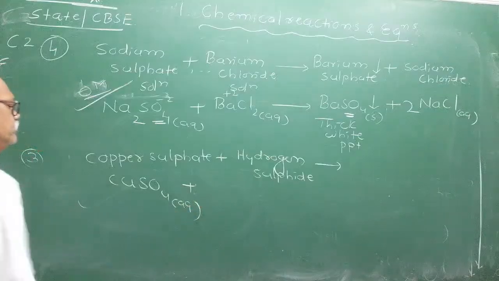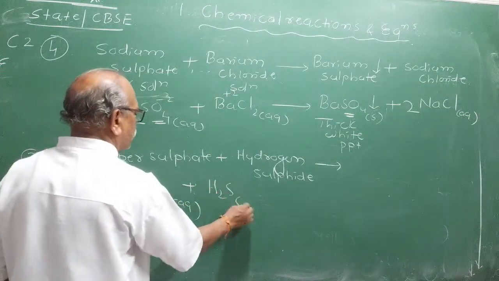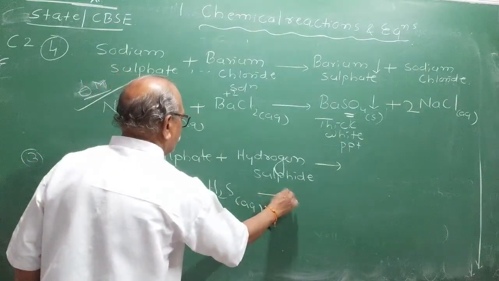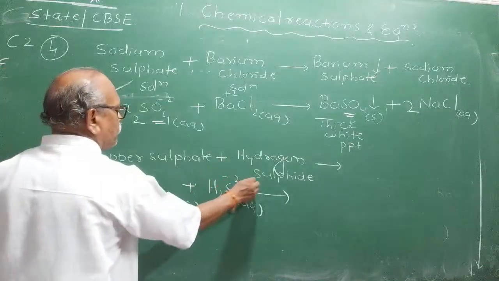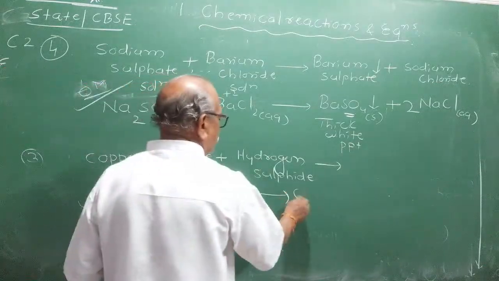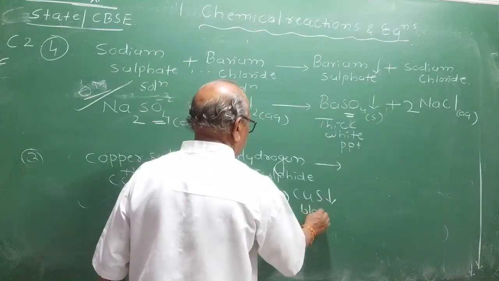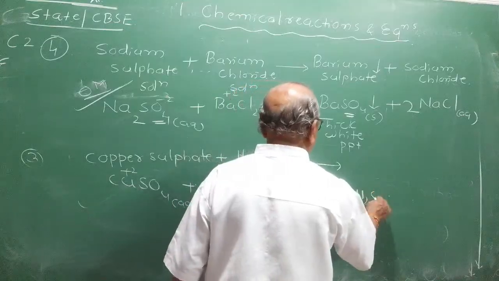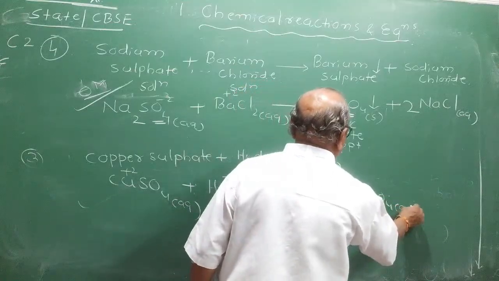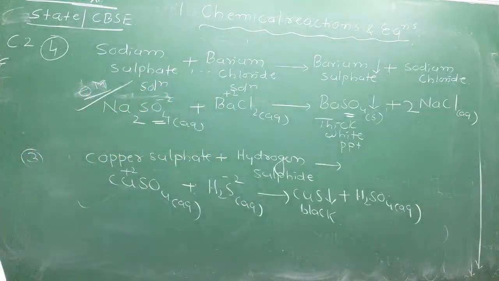Aqueous solution. And hydrogen sulfide, when you take its aqueous solution, Cu +2 and S -2 will combine and form a black precipitate of cupric sulfide, and you get sulfuric acid, H2SO4 aqueous. Black colored. These are exchanged.